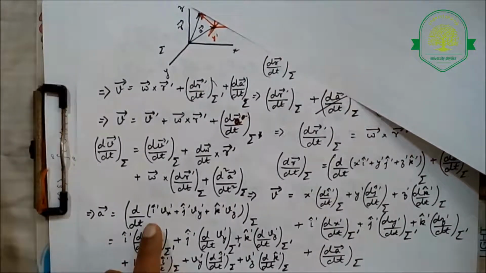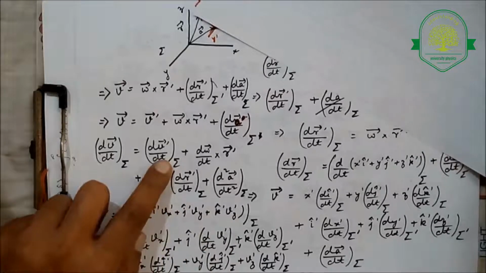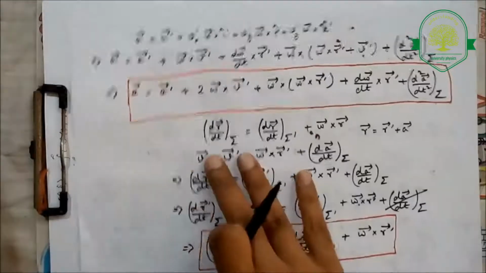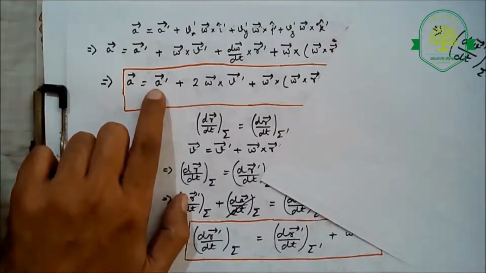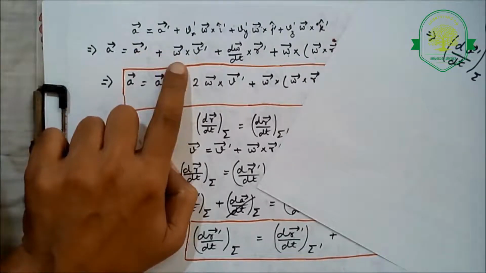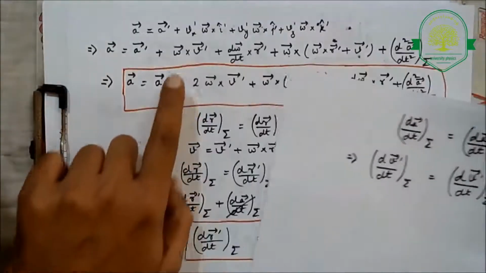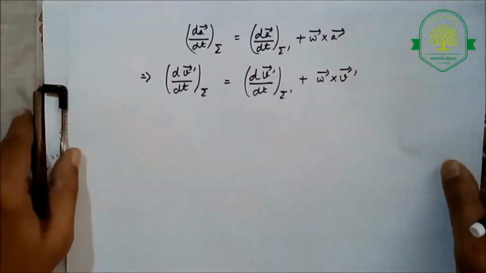Yeah, we had differentiated v prime as seen from the sigma frame, and we had ended up with the first two terms. The first term a prime is just this, and omega cross v prime is omega cross v prime.